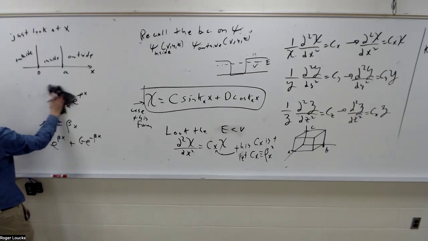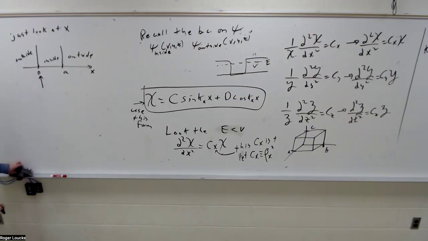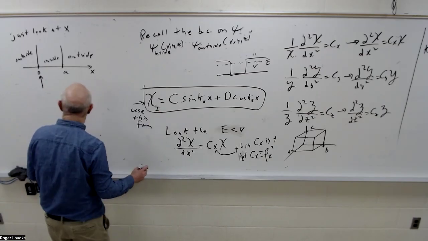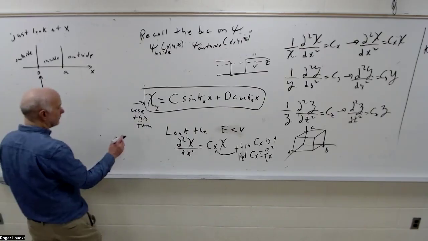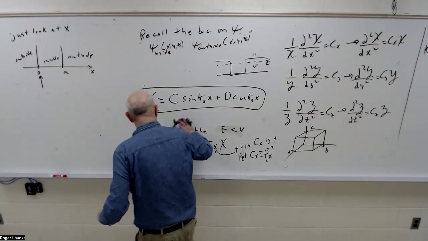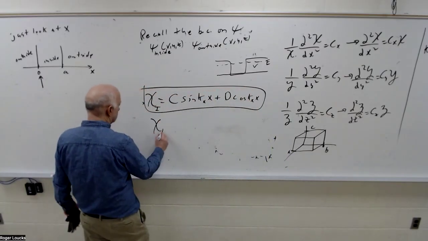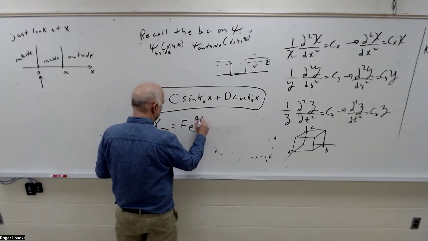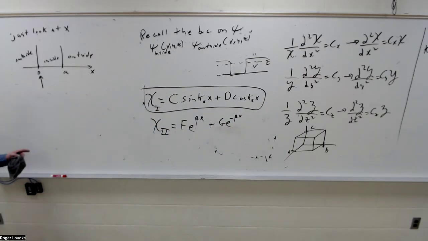What would this give me? How do I write this condition here? I'll call this one i for inside, and I'll just call the other one 2. Our other one was this. Here we have what, F and G? So how do I write this condition?